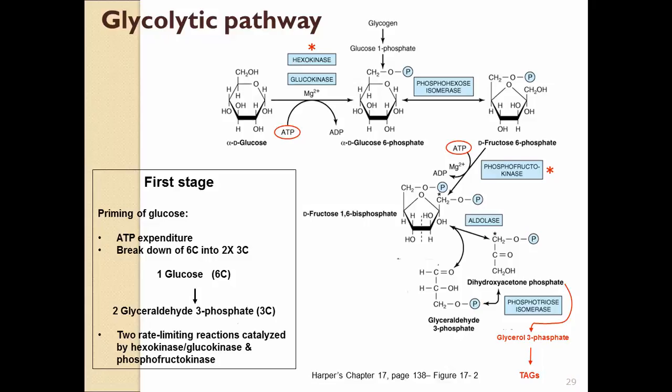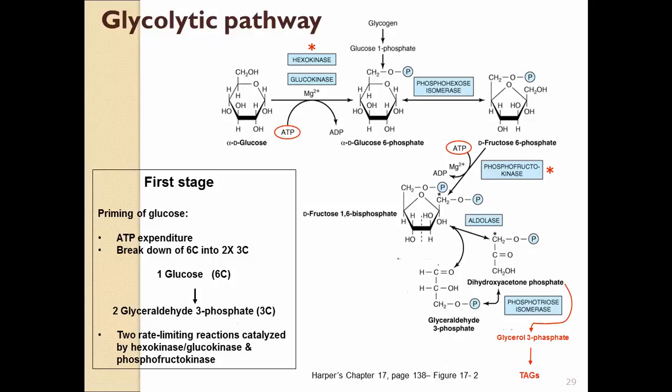And in the first stage, there are actually 2 key steps, right? I just put the asterisks here. The first step is glucose is phosphorylated to glucose 6-phosphate, and the key enzyme is glucokinase or hexokinase. Why are there 2 enzymes here? Again, it depends on the tissues. Glucokinase is more abundant in the liver, so in the liver the first reaction is usually catalyzed by glucokinase, right?